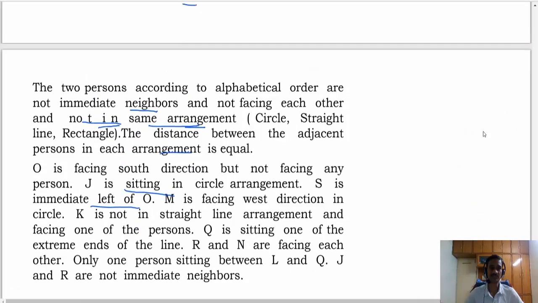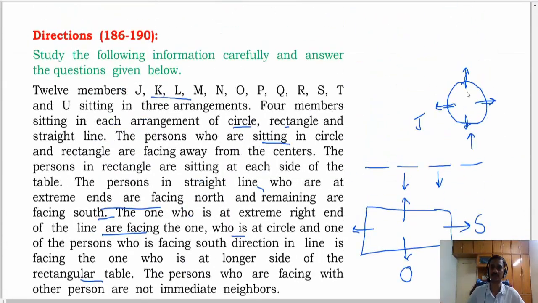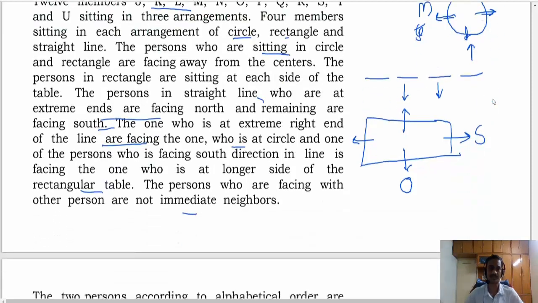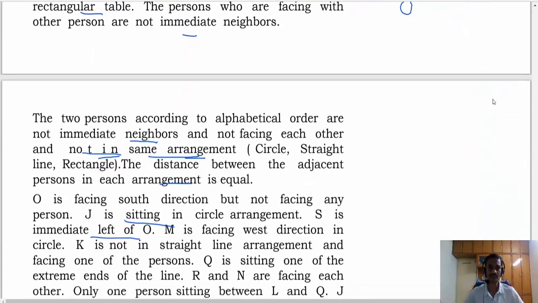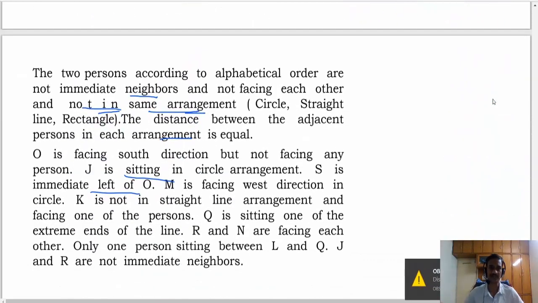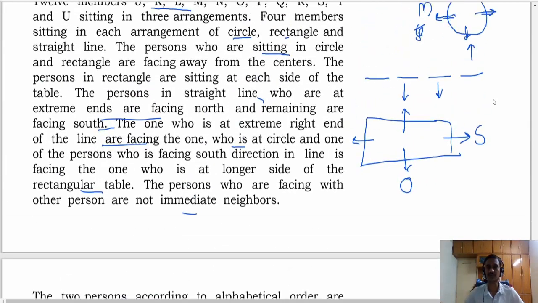M is facing west direction in circle. Circle లో M is at this place. M ఇక్కడ ఉండాలి. J కూడా ఇందులోనే సర్కిల్లోనే ఉండాలి. J ఉండాలి కాబట్టి ఈ రెండు ప్లేస్లో ఉండొచ్చు, ఇక్కడైనా ఉండొచ్చు. Then M is facing west in the circle, and K is not in the straight line and facing one of the persons అన్నాడు.